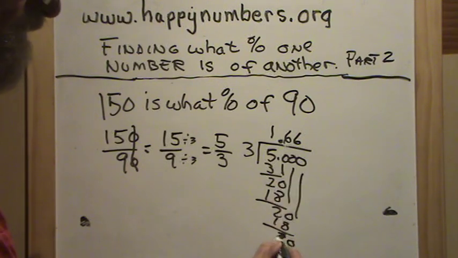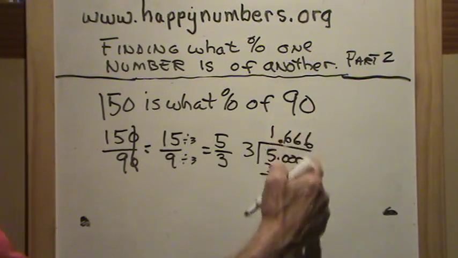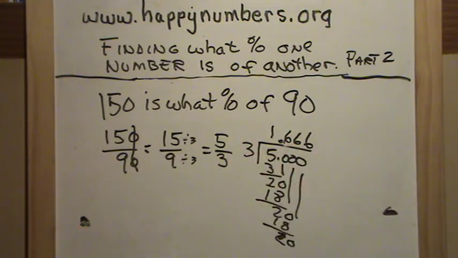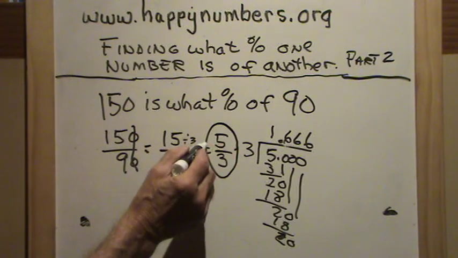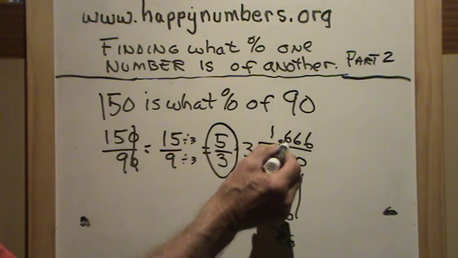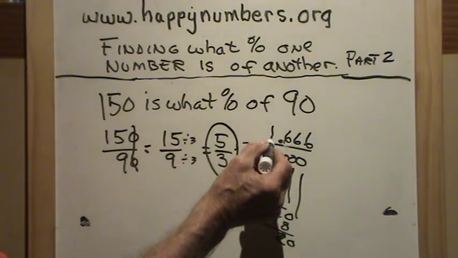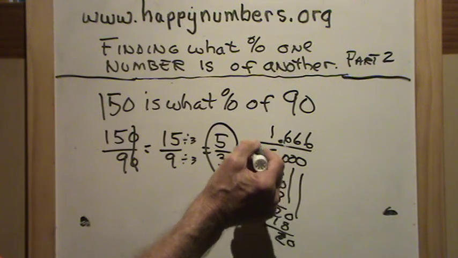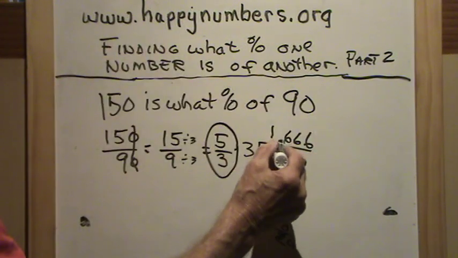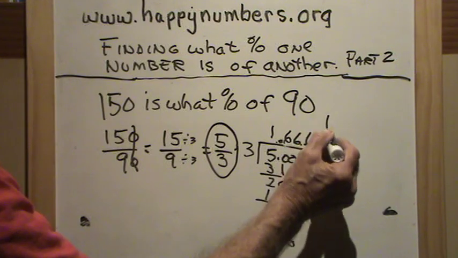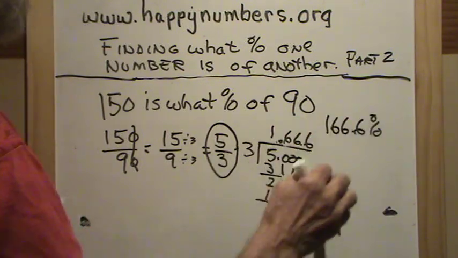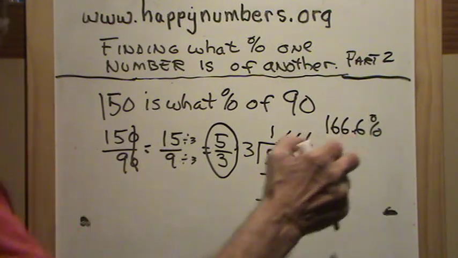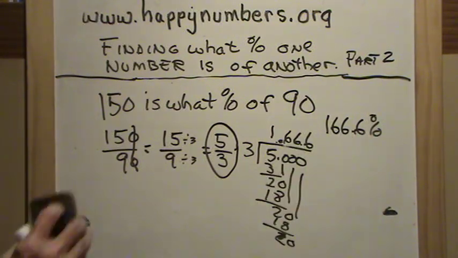Bring down a 0. And I know that it's just going to constantly be 6, 6, 6, 6. So I'll stop here. So I've changed the fraction 5/3 into a decimal. And now I know if I'm going to go from decimal to percent, from D to P, I move 2 places. So I get 166 6/10%. Good.